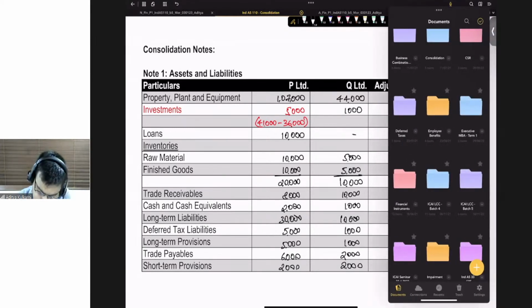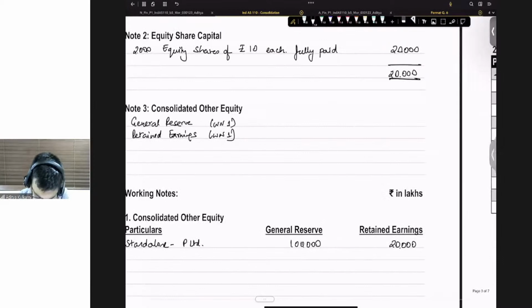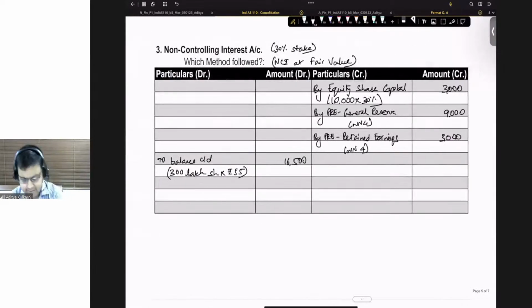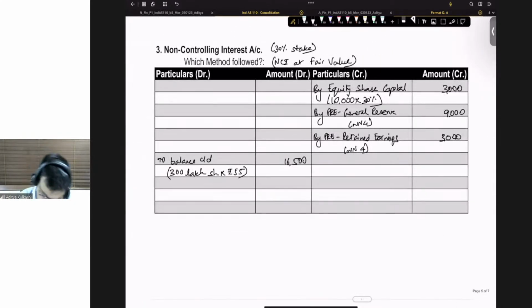So now coming to the next part. NCI is at fair value, 300 lakhs into 55. So now we are all set to just balance the accounts. So total up your NCI.